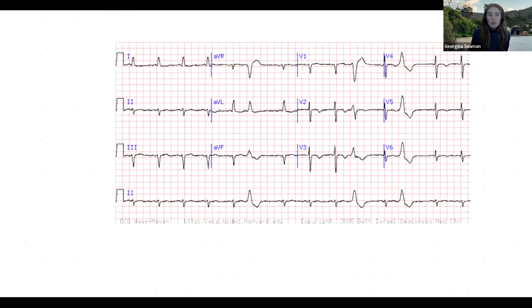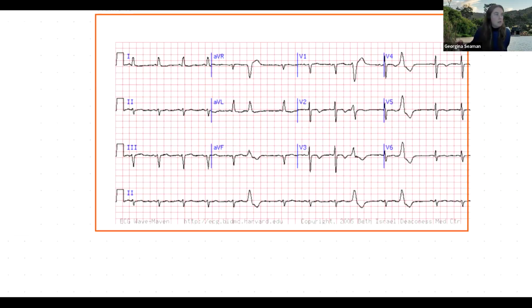All right, if it's positive and negative, we know it's heading in a different direction, because we're looking at it perpendicular. So that's suspicion number 1. What lead should we look at next? Lead 3 should also be positive, but it's gone negative. Yes, for sure. And AVF, should it be positive or negative?